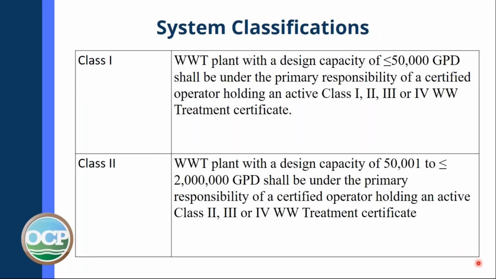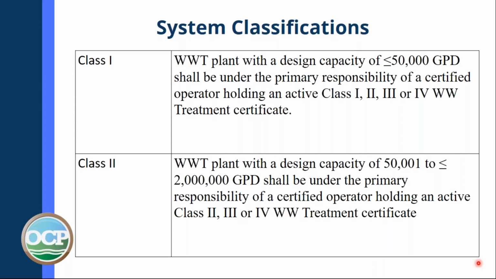We classify systems in Kentucky based on their size. A Class 1 has a design capacity of less than 50,000 gallons per day, and anybody with a Class 1, 2, 3, or 4 wastewater treatment license can be in primary responsibility of that plant.